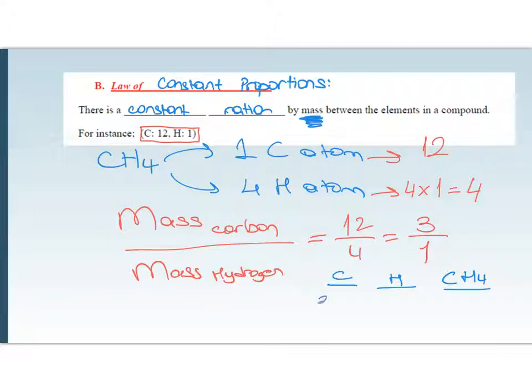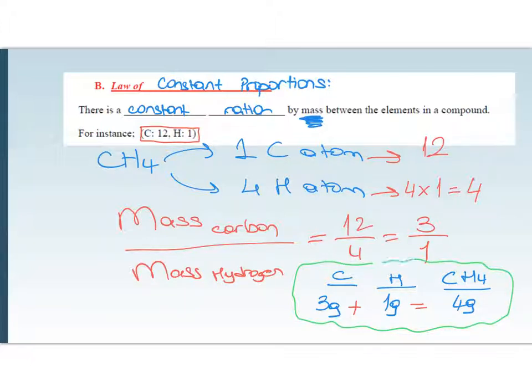This means for each 3 grams of carbon, you need exactly 1 gram of hydrogen. So how many grams of compound will be produced? 4 grams of compound will be produced. So why is this 4? Because the first law says you should conserve the mass, which means 3 plus 1 should give you 4 here. So in these types of questions, not only are you going to use the law of constant proportions, but you're going to use the law of conservation of mass also.